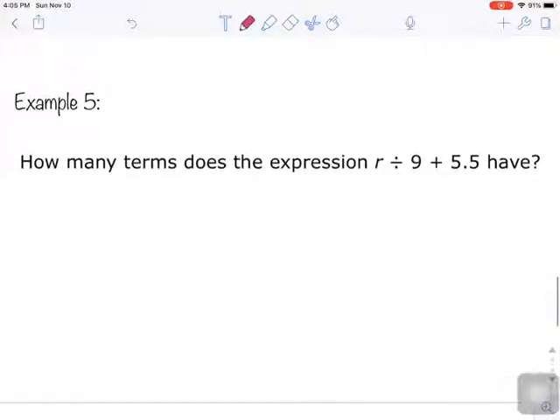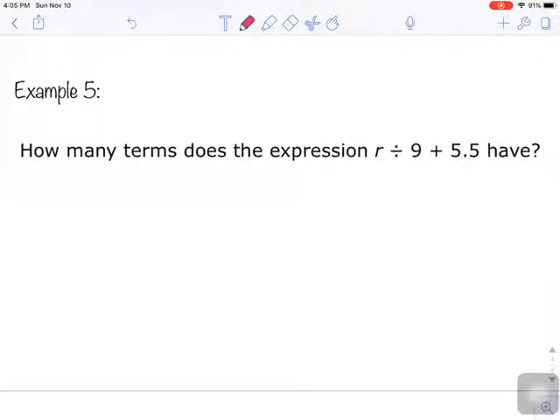So what I want you guys to think about on number 5, how many terms does this expression have? And then challenge yourselves here and think about, what about coefficient? And what about constant?